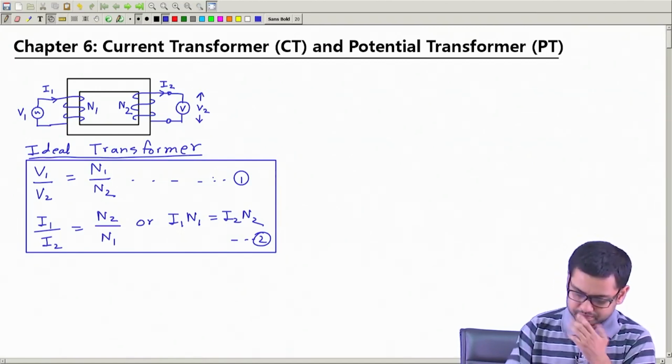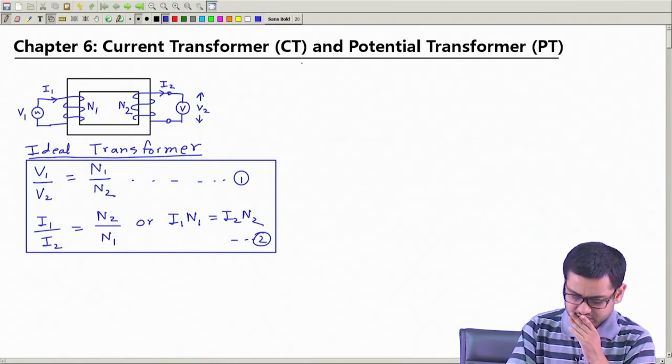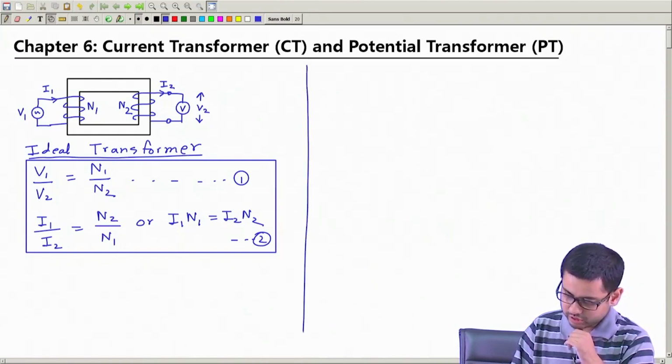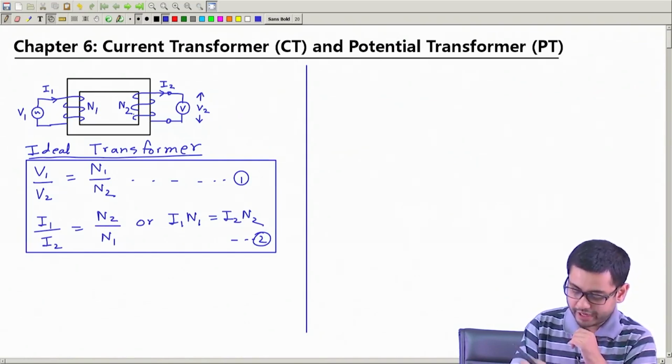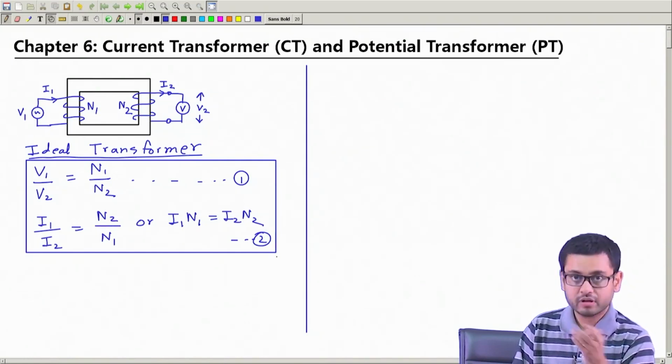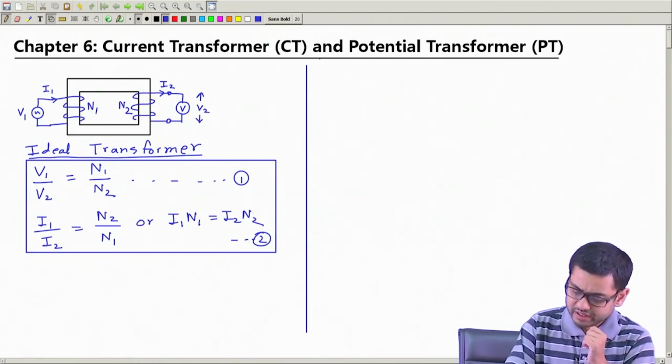Now, let us start with an ideal transformer only. How can we use this transformer for measurement?